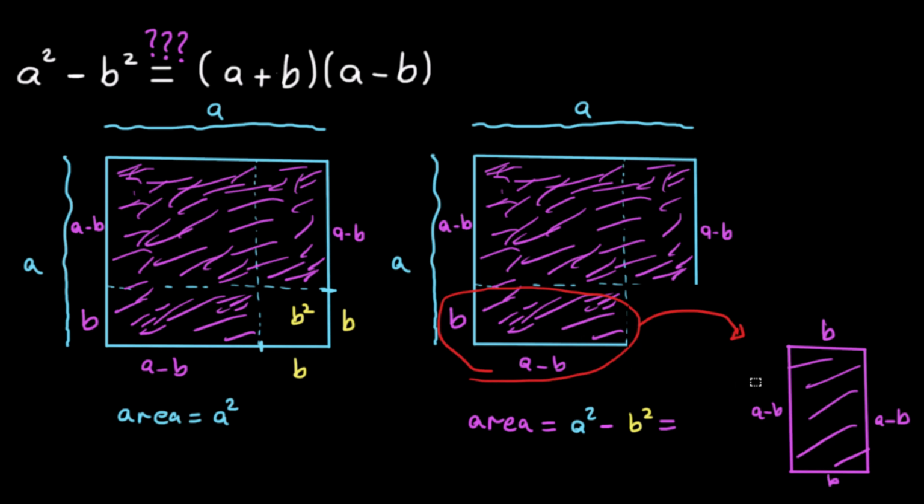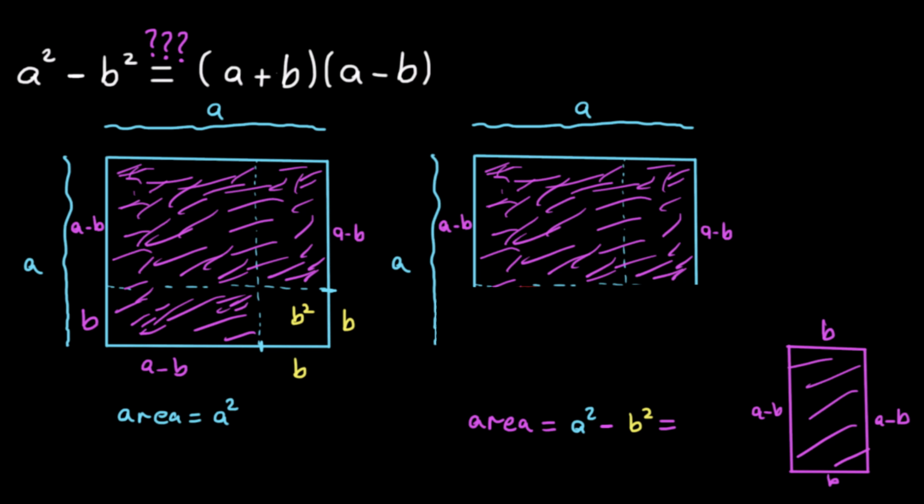Let's delete it. Now I want to make this area here. So I just put it like this: this is b, and here a minus b. Now let's delete this rectangle, but before deleting it, let's shade it.